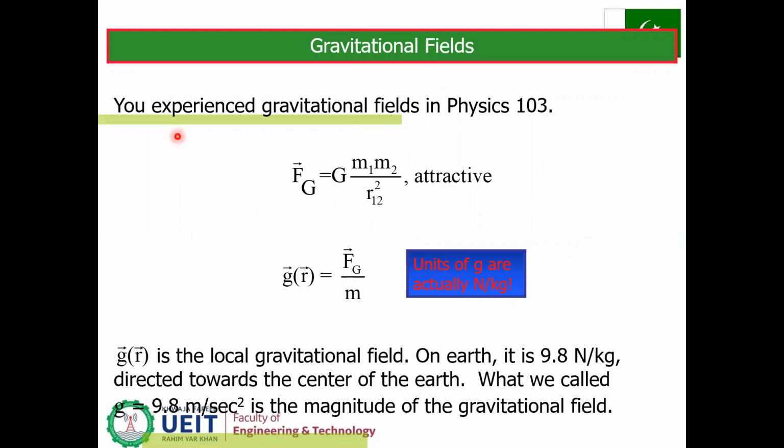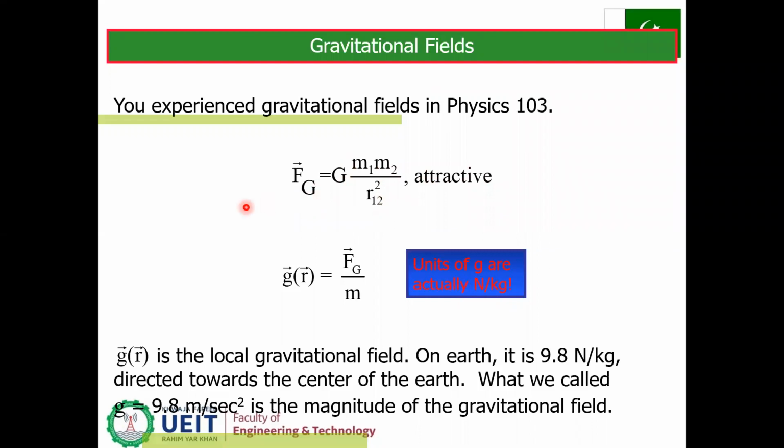Gravitational field. In the gravitational field around our Earth, we also have a similar formula for the gravitational force Fg. Fg is equal to G m1 m2 over r12 squared, and this is an attractive force. This equation tells us that if there are two masses in the universe or in a system at a distance r12, the gravitational force will be equal to G m1 m2 over r12 squared.